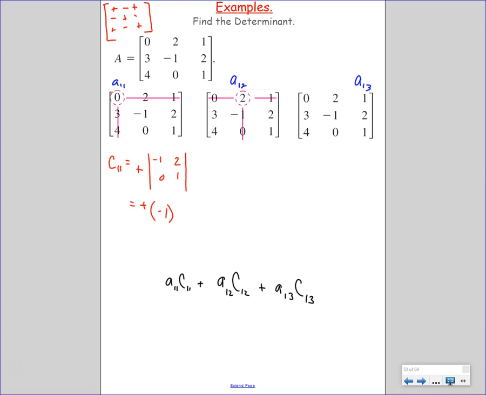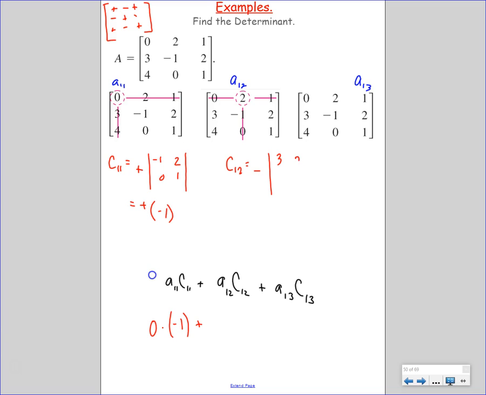So down here, I'm going to say, hey, let's take the 0 and let's multiply him by negative 1. Now, C12. Just so we don't forget, let's start with the sign this time. Negative because of its placement, right? Okay, so I'm putting a negative in front.